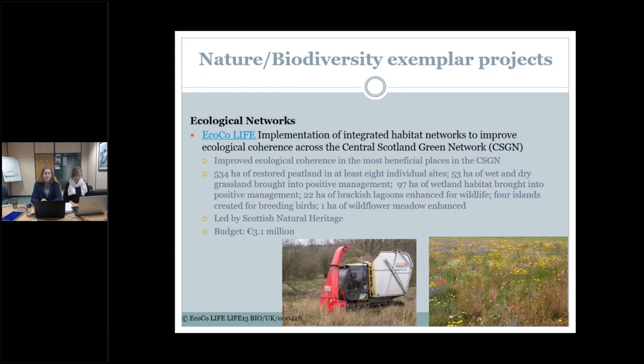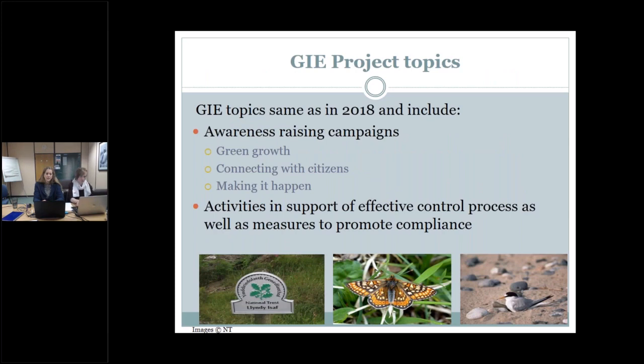It aims to restore 500 hectares of peatland in 8 different individual sites. 53 hectares of wet and dry grasslands will be brought back into positive management. 97 hectares of wetland habitat will be brought into positive management, and 22 hectares of lagoons will be enhanced for wildlife. 4 islands created for breeding birds, and 1 hectare of wildflower meadow will be created. The project was led by Scottish Natural Heritage and has a budget of 3.1 million.